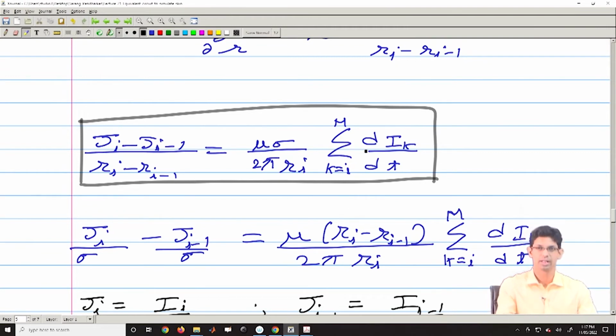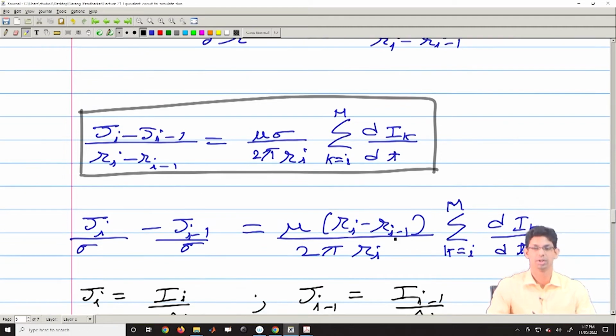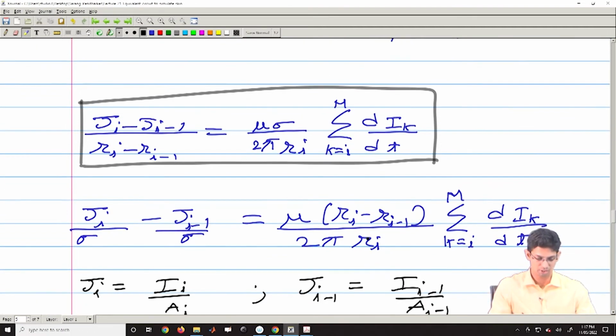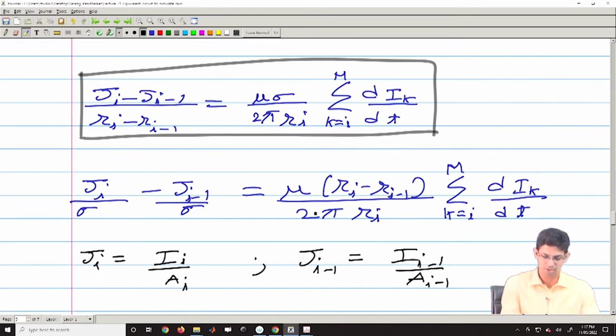What I will do is rearrange the terms. Here sigma I will take in the denominator, R i minus 1 I will take in the numerator on the RHS. Once I do that, I get an equation like this. Here, what is Ji?